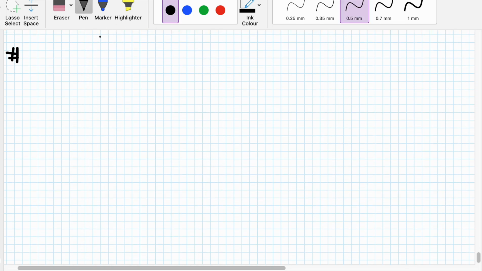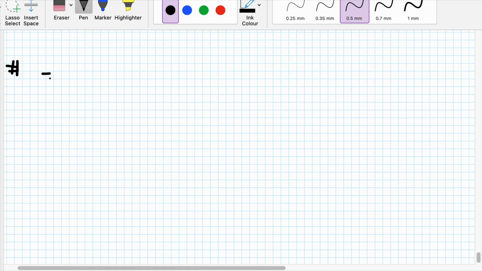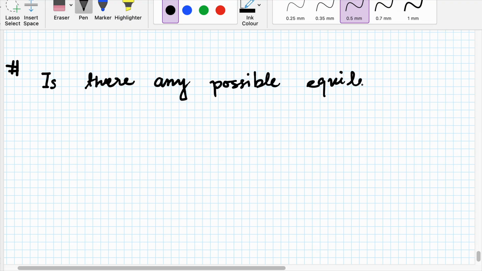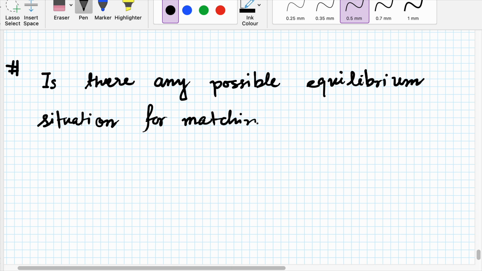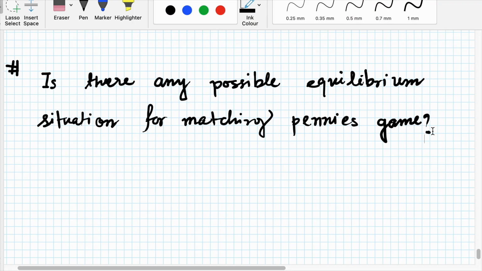So we want to now see, is there any possible equilibrium situation now?